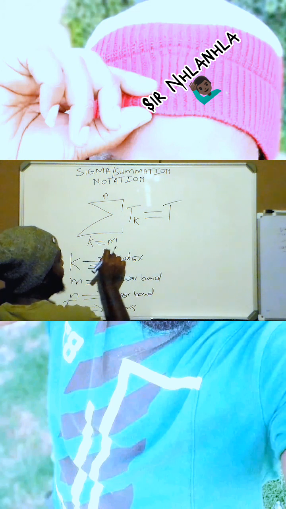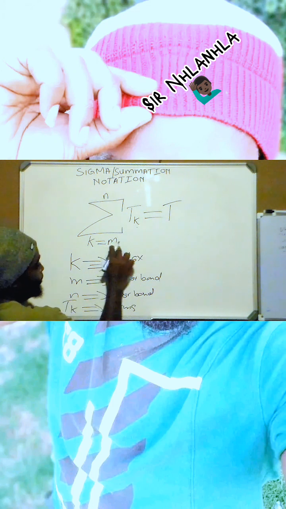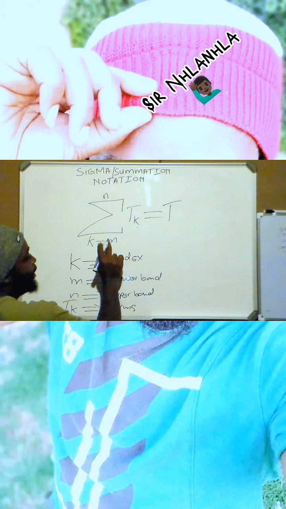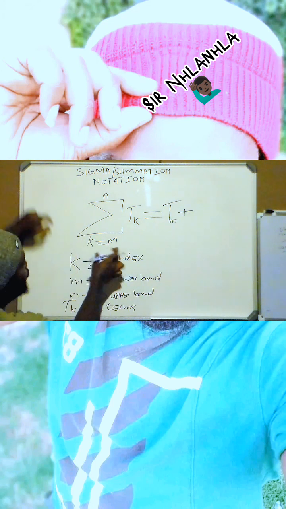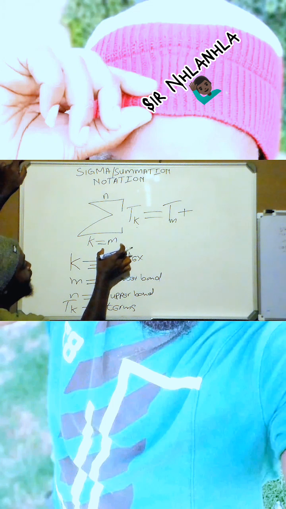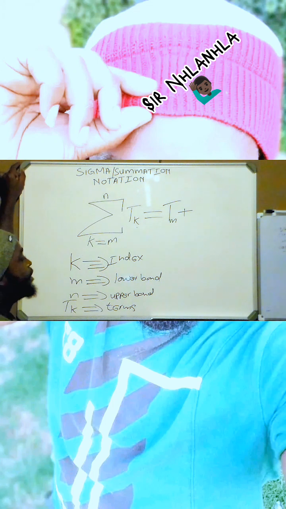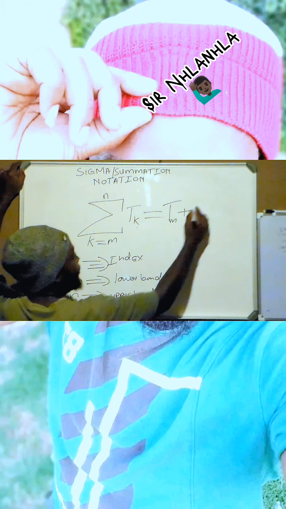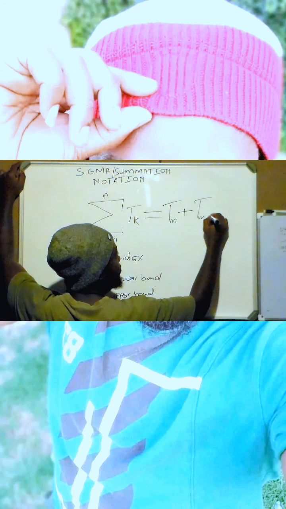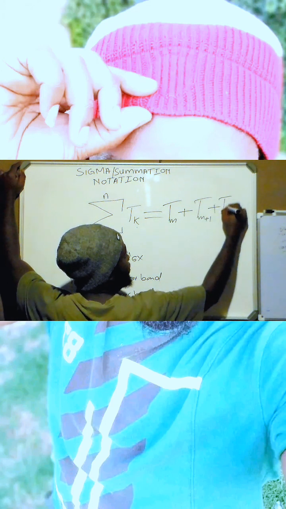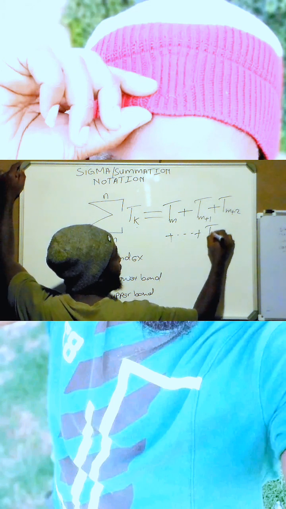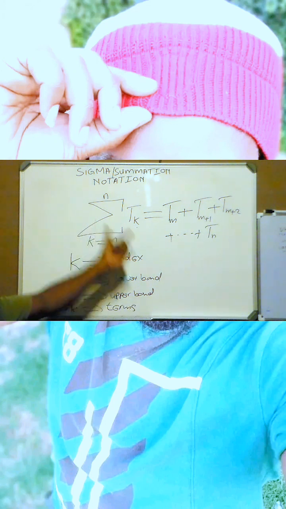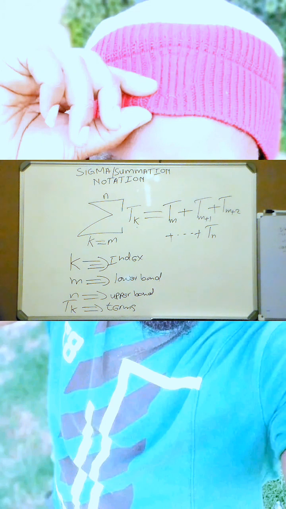It's going to be T, and then the index is substituted by M. So this would be T_M plus, remember I have to increase from the lower bound M to the upper bound N, and the increment will be just 1. So this will be T_M plus T_(M+1) plus T_(M+2) plus all the way to the nth term. So this is what the sigma notation indicates, right?